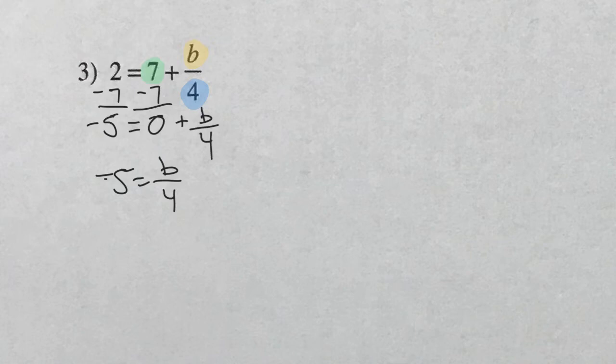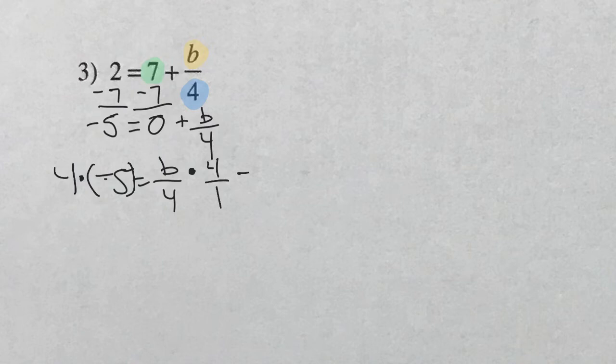So I'm going to write it this way. B over 4 times 4, which if we did it as an improper fraction would look like this. And then over here, I'm going to do the same thing. 4 times negative 5. Because whatever I do to one side, I do to the other. And this shows you why this works.